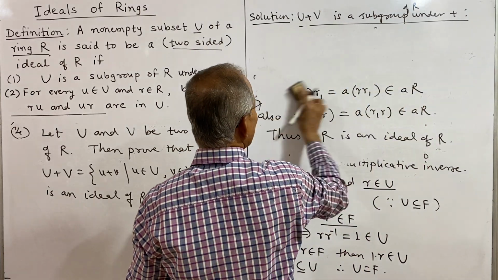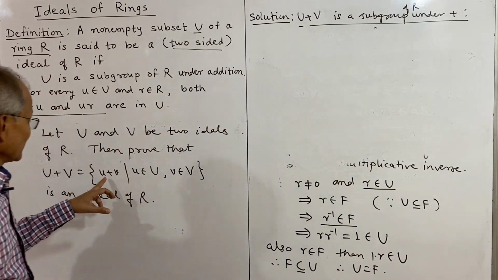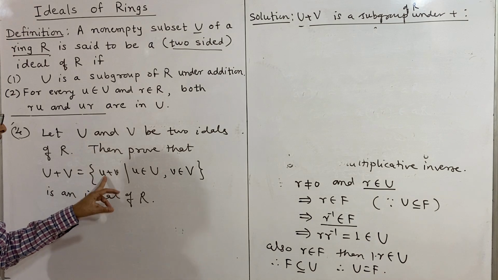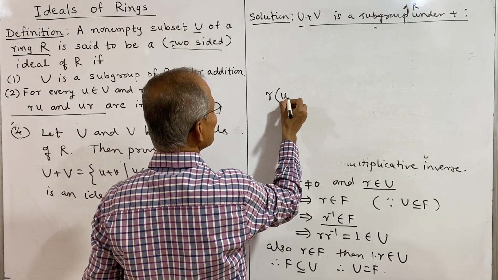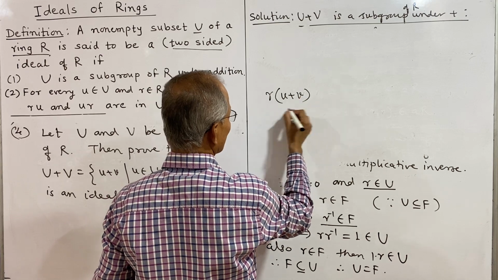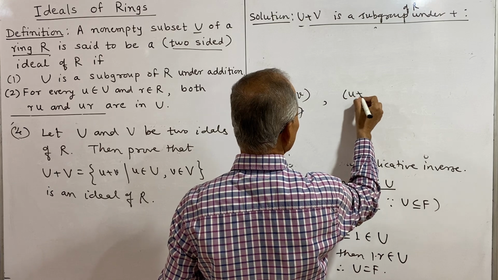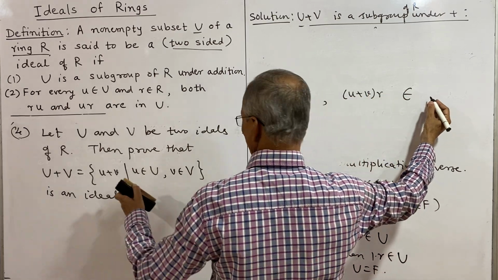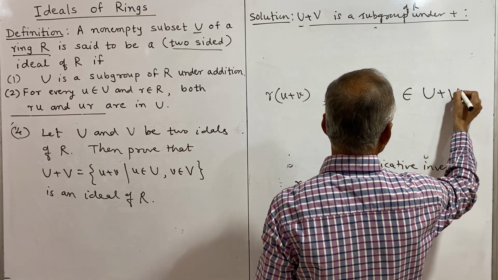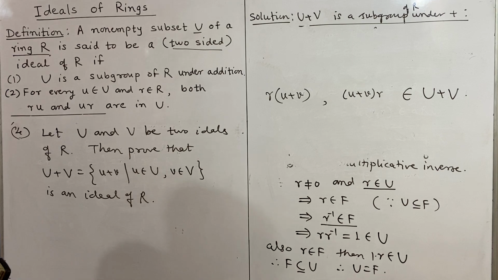It is easy. And now further, take an element, the same element u plus v, and take an element in R as r. Then what we have to prove is that r into u plus v, and u plus v into r, both belong to U plus V. That can be proved easily because of the distributive property.